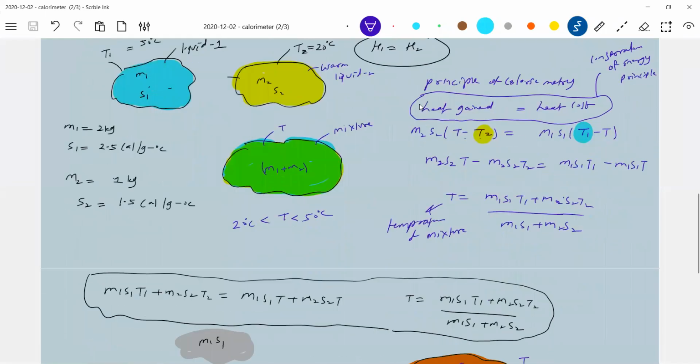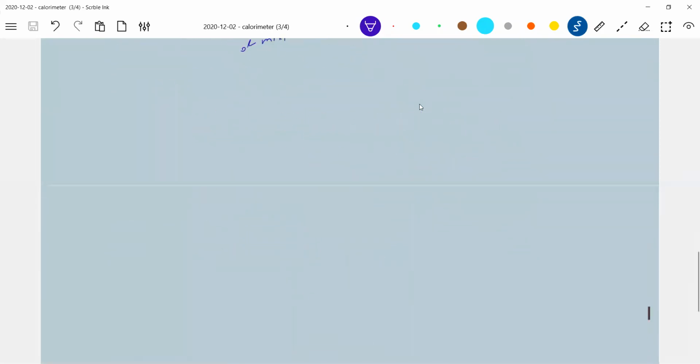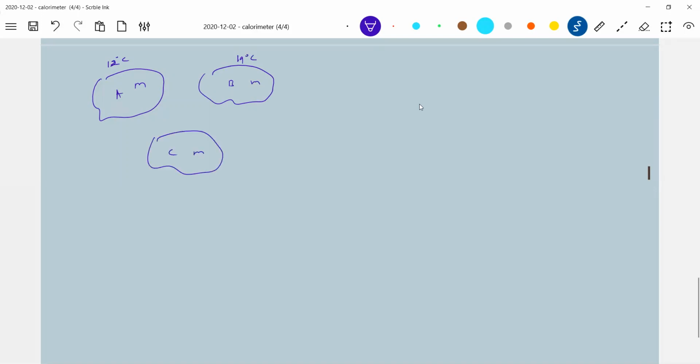Now let's take some problems on this. Two or three problems will do. There is a liquid A having a mass m, temperature 12 degrees Celsius, B at 19 degrees Celsius, and C at 28 degrees Celsius.